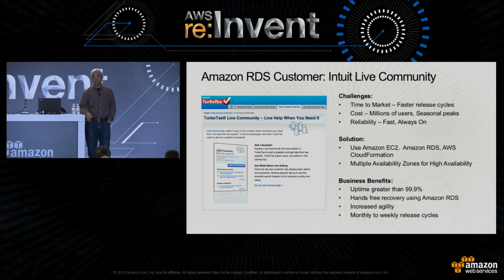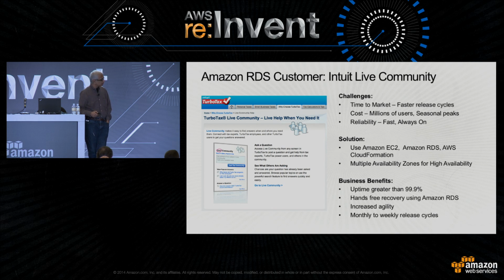And in fact, they use a lot of relational databases. They use MySQL. They use Oracle. And one of the key reasons they moved to AWS is because of Amazon RDS and the total cost of ownership reduction that it results in for them, and the agility that they get from using AWS and using RDS, as well as the high availability that they get with this solution.